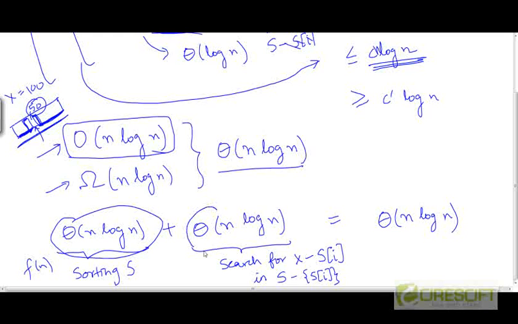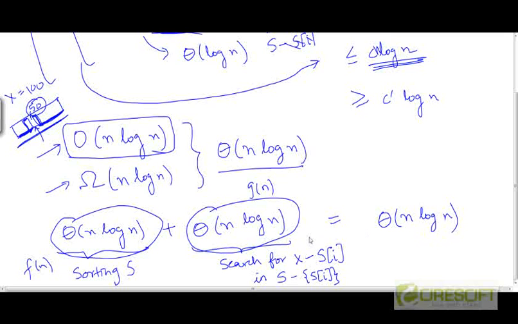Likewise, if this is g of n, then g of n is bounded from above and below by two other constant multiples of n log n. So if you add these two functions up, you can add the constants and still claim that their sum is bounded from above and below by constant multiples of n log n beyond a certain threshold n naught.